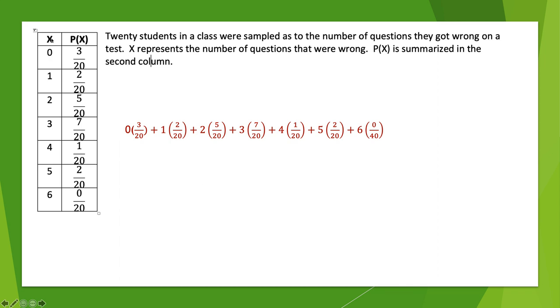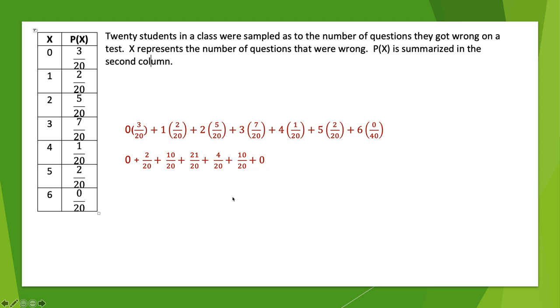Okay, so 0 times 3/20ths, 1 times 2/20ths, 2 times 5/20ths, 3 times 7/20ths, 4 times 1/20th, 5 times 2/20ths, 6 times 0/20ths. That's what I wrote there. Now I actually do the math, and that gives me 0 plus 1 times 2/20ths is 2/20ths, 2 times 5/20ths is 10/20ths, and so on.